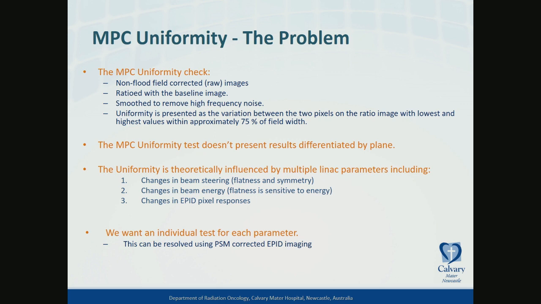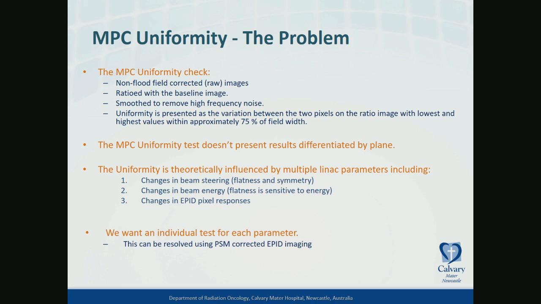Now, as I see it, I have two problems with this. Firstly, it only presents one result, so the result is not differentiated by plane. And I think as physicists these days, and particularly with the way TG-142 is written, we're used to getting symmetry in terms of in-plane and cross-plane, but MPC doesn't do this.